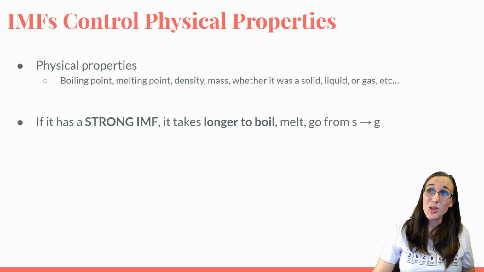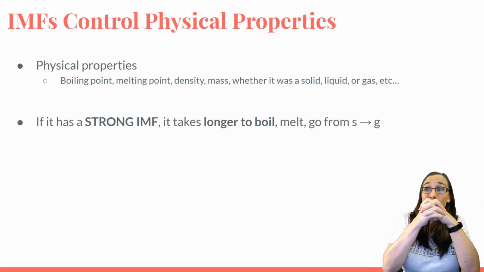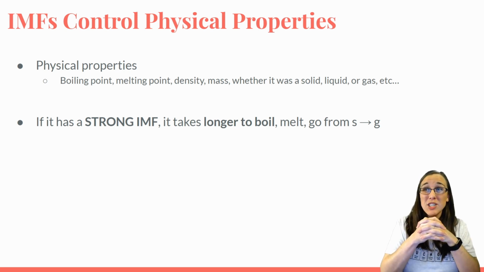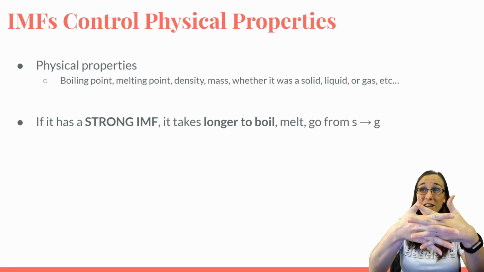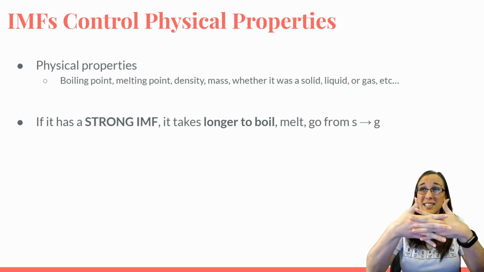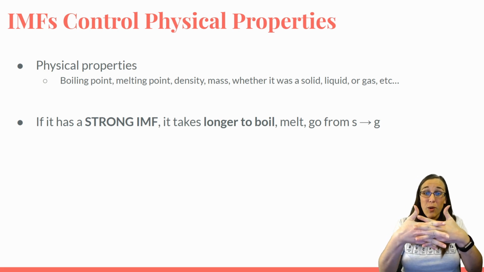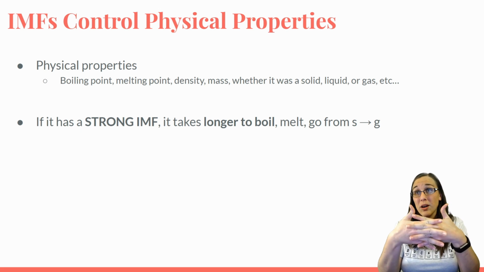In other words, when you think of strong IMF, you want to think of two molecules that are holding on really tight to each other. They're strong. So you can think of that as like the force between my fingers. They are really holding on tight to each other. So two chemicals that are holding on with a force takes longer to boil if this is a strong force.